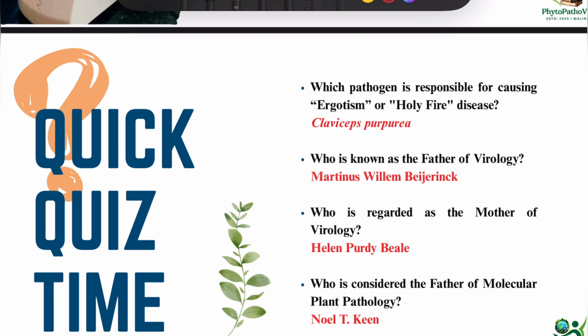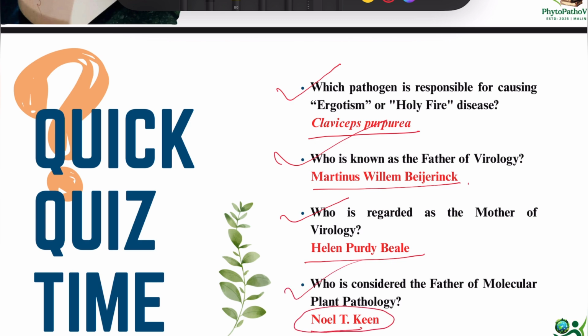That is Claviceps purpurea. Next, who is known as the father of virology? Beijerinck. Third, who is regarded as the mother of virology? Helen Purdy Beale. Last but not the least, who is considered as the father of molecular plant pathology? That is N.T. Kin.